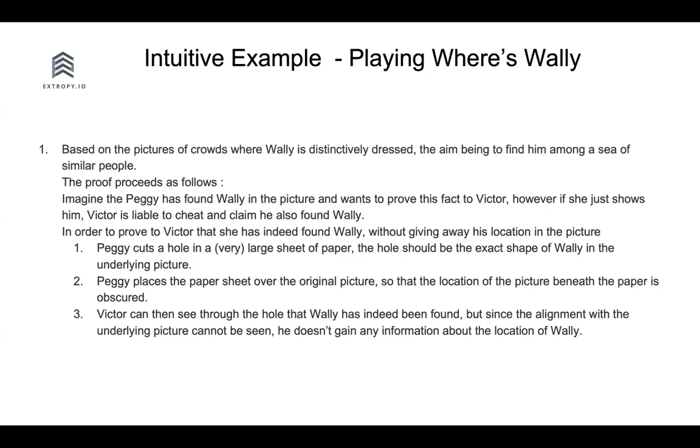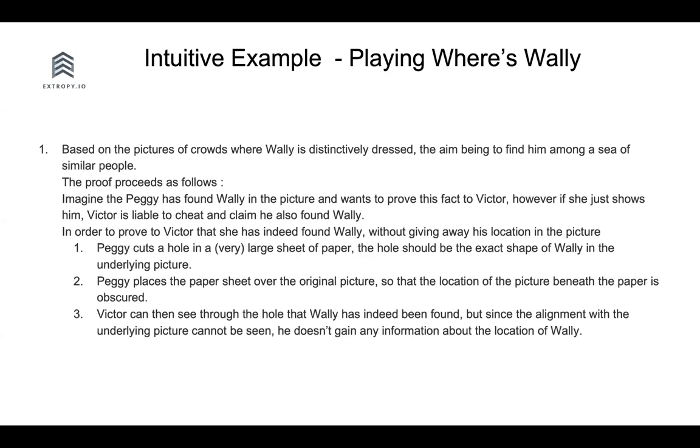And a nice, intuitive example of this is if you know the Where's Wally books, or the Where's Waldo, I think in the US. These are children's books where a character is distinctively dressed in a picture amongst a mass of similar looking people. And the idea behind it is to try and find Wally within this massive picture.